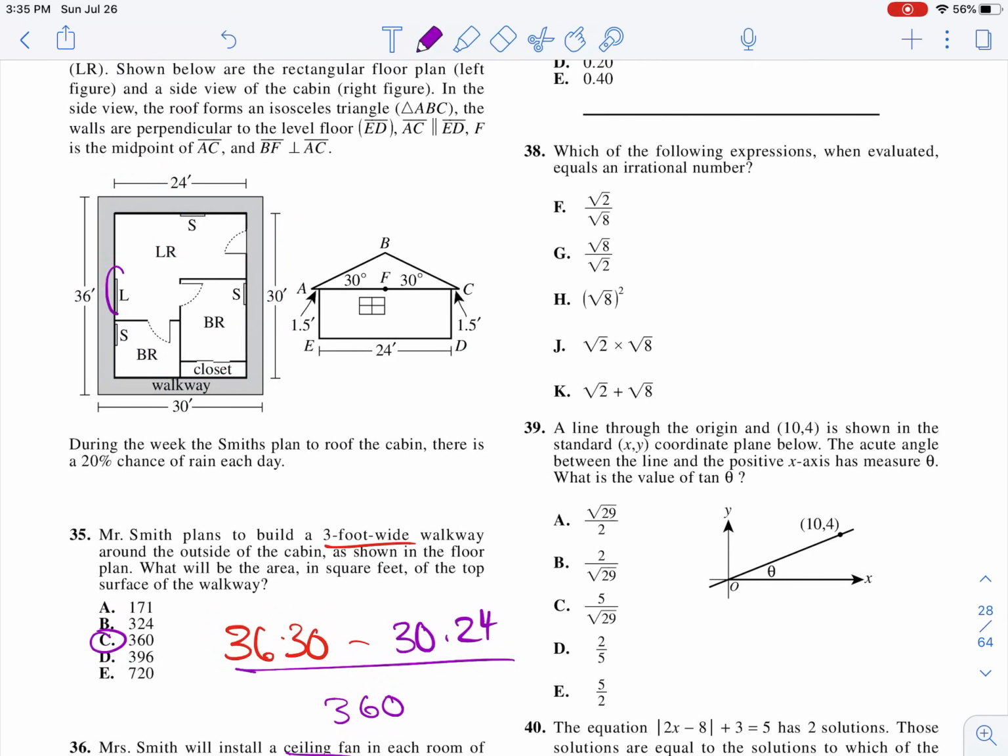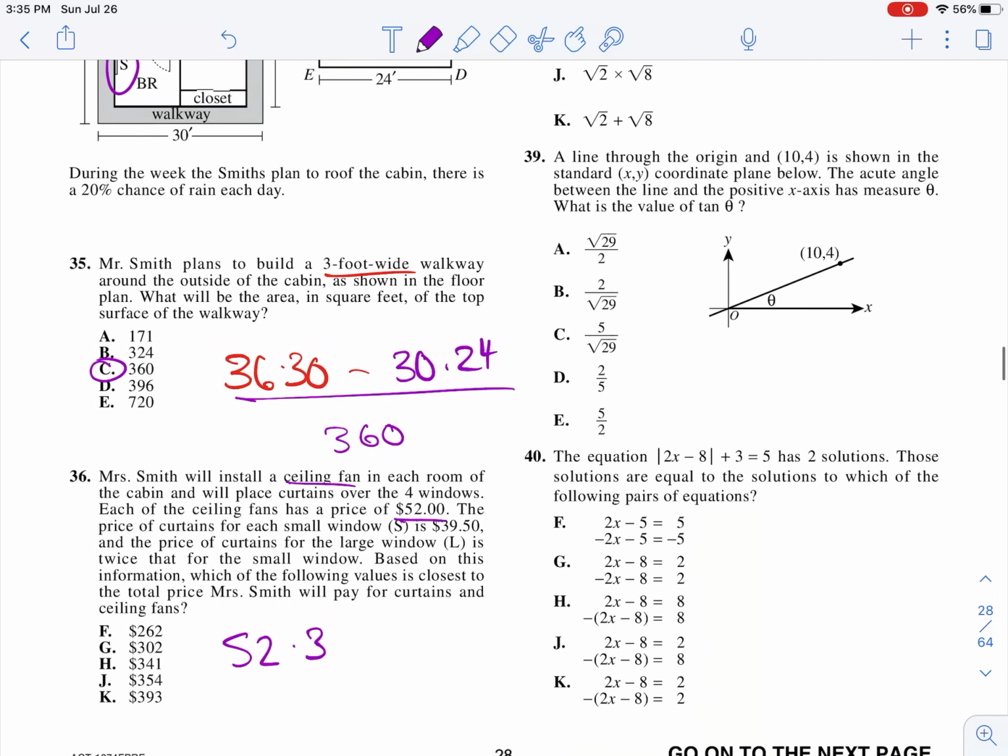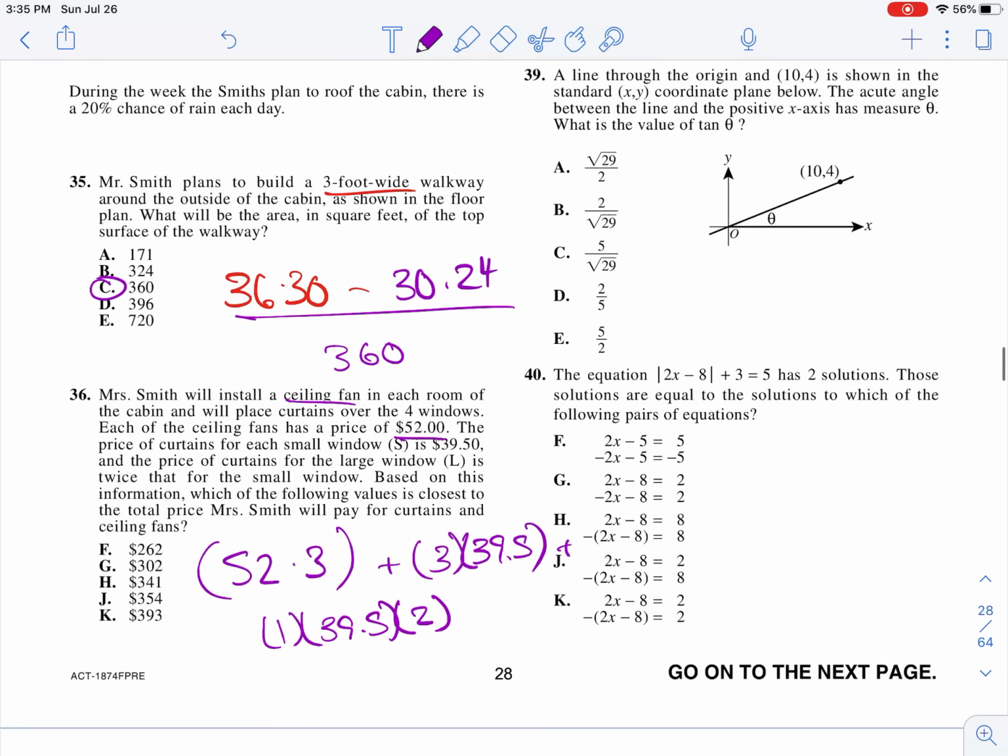So we have 1 large and then 3 small. So we're going to have 52 times 3 plus the small is just 3 times 39.5. Again, I'm adding up all the costs. And then we have the 1 large window, and that's being multiplied by the 39.5, but it's times 2 because it's double the price. So if you add all this up, 36 ends up being the answer, option J.